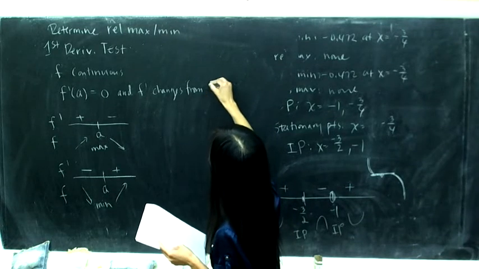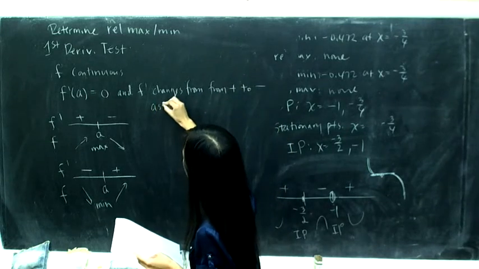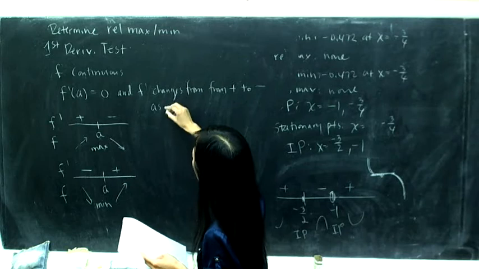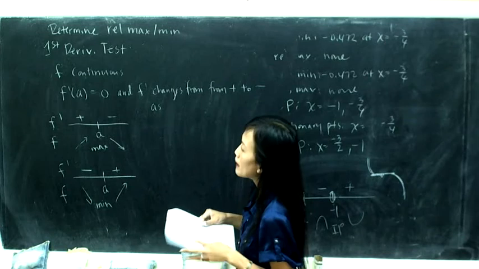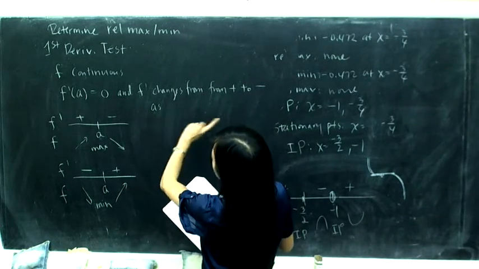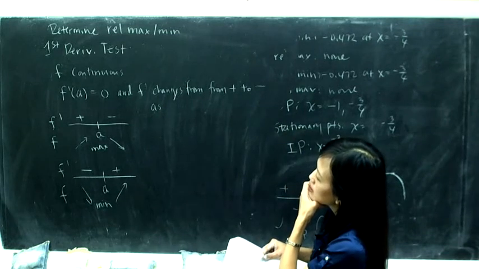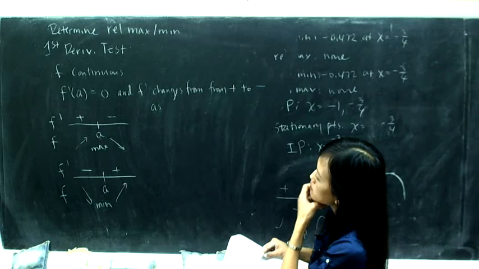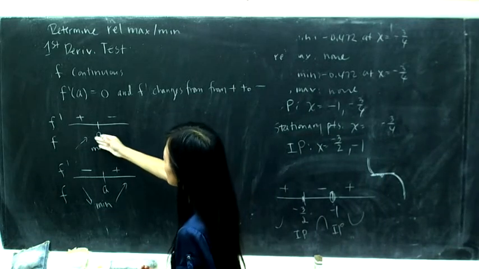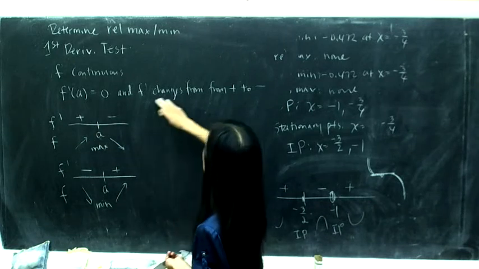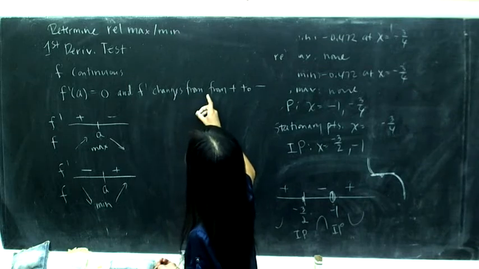Changes from positive to negative as you move to the right. It could be negative to positive too. I want to say maximum. When it does this, it's a relative maximum. I don't know how the book states it. I think it'd be f prime is 0, and f prime changes from positive to negative about x equals a, assuming from left to right. Anyway, f prime changes from positive to negative from left to right, I should say.